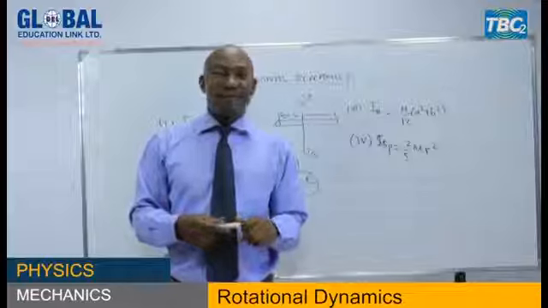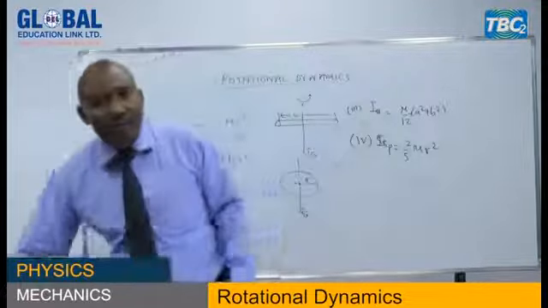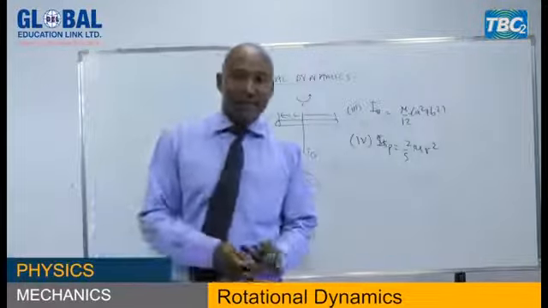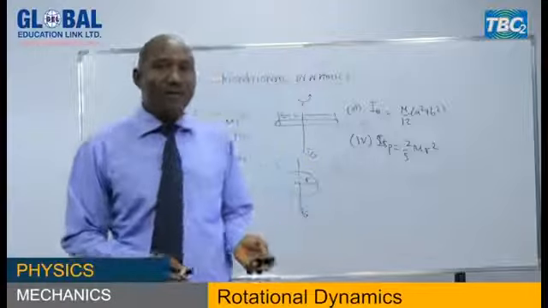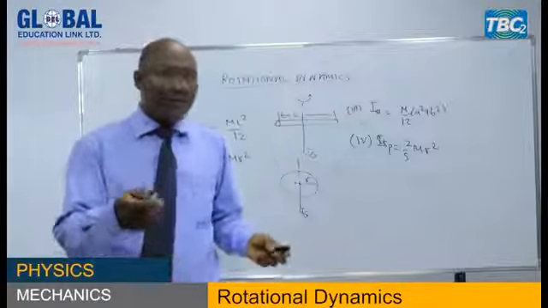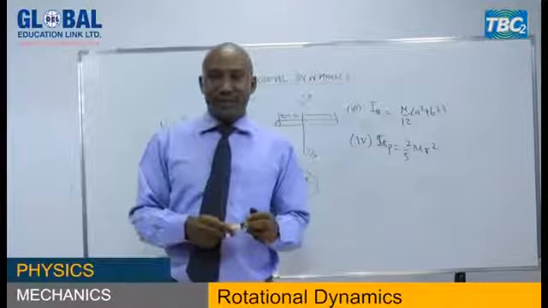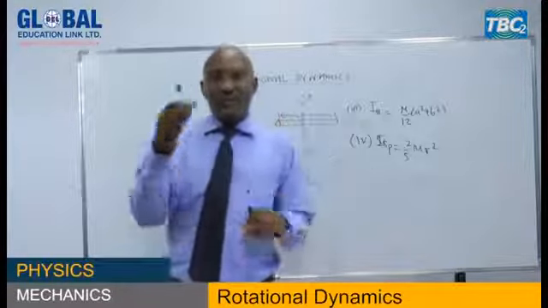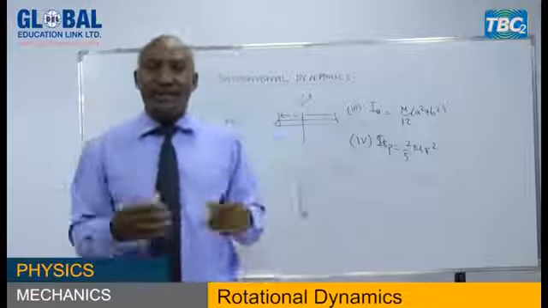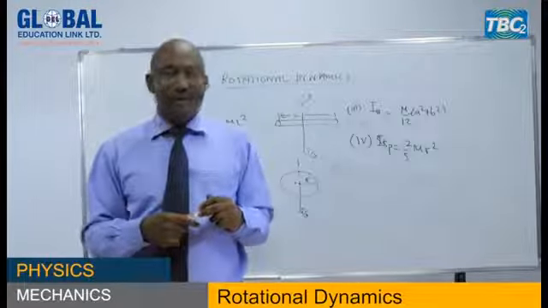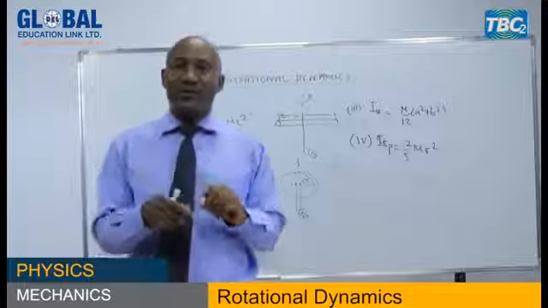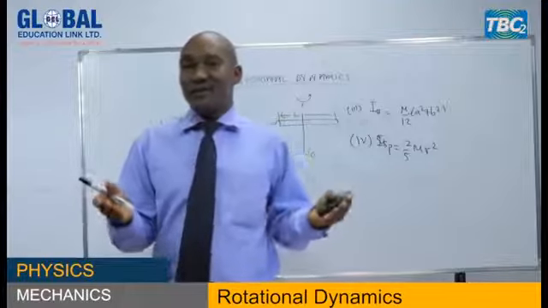We're going to see how to apply the perpendicular and parallel axis theorems when finding the moment of inertia of a particular body about another axis. I know this is an area where most students fail to answer the questions. Why? They fail to distinguish between the two axis theorems.